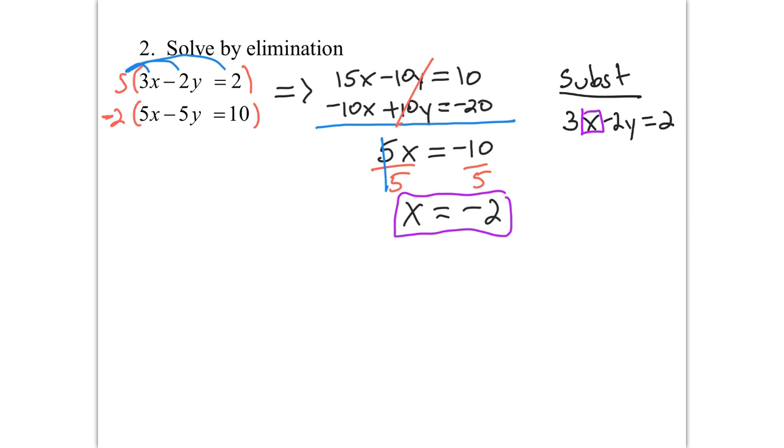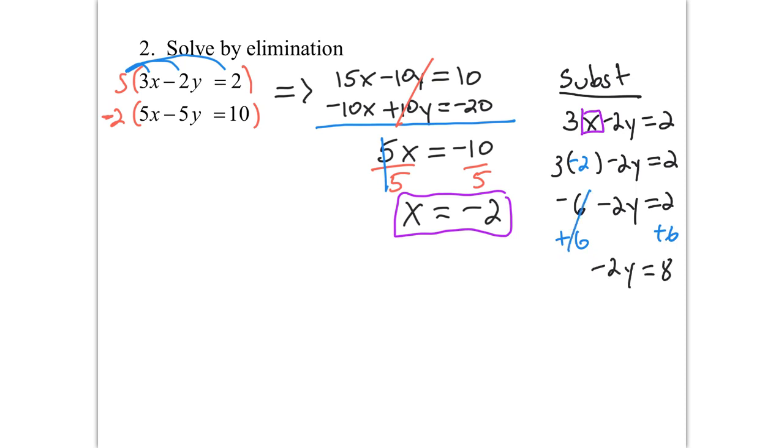X equals negative 2. And we have 3 times, you substitute the negative 2, minus 2y equals 2. And you solve. So 3 times negative 2, that's negative 6 minus 2y. You add 6 to both sides, and we get negative 2y equals 8.